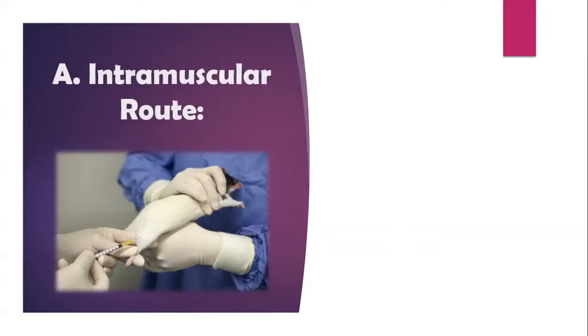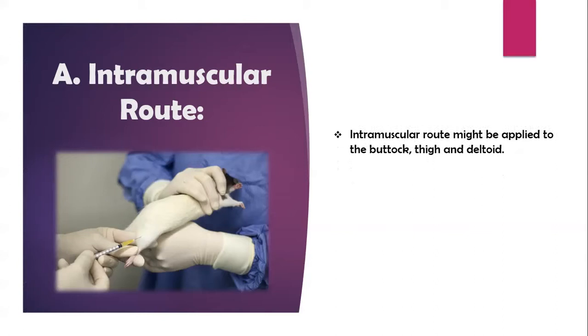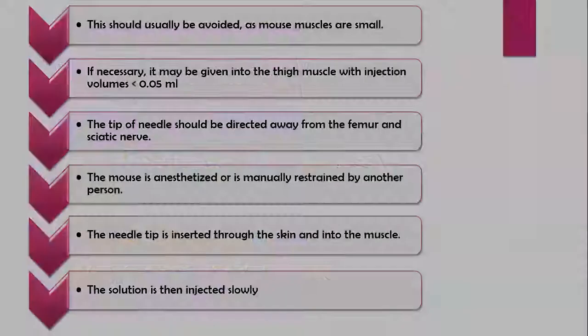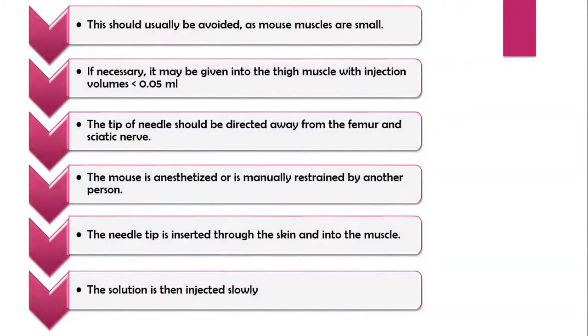Now first we start with the intramuscular route. The intramuscular route might be applied to the buttock, thighs and deltoid muscles. The volume used is 3 ml. Now the procedure: this should usually be avoided in mice because their muscles are small.